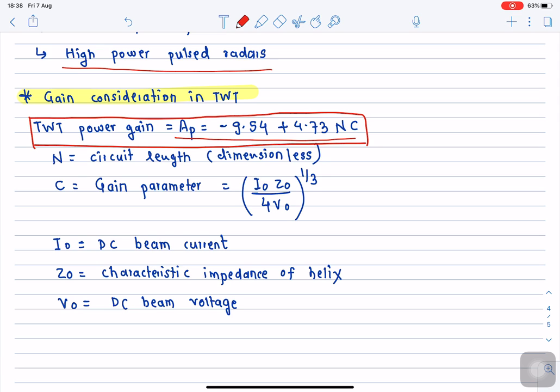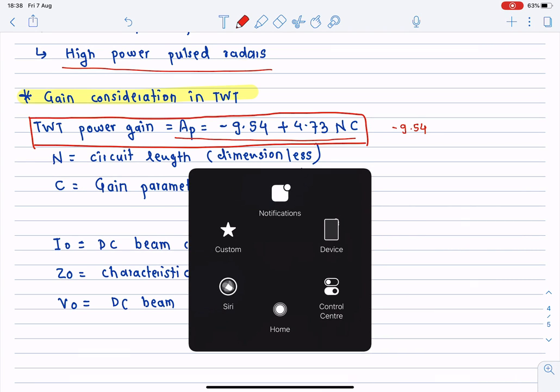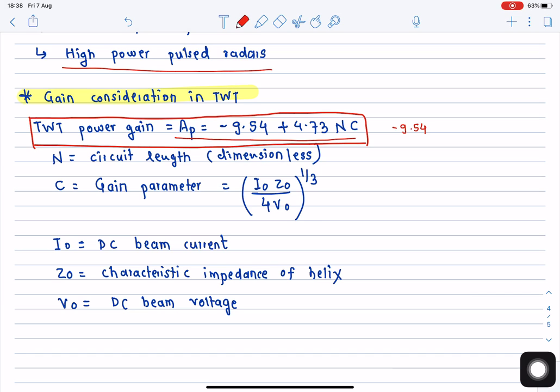Now here the first term, minus 9.54, is a negative term, and it will decrease the overall power gain. Now why is this negative power gain encountered? This represents the loss parameter.